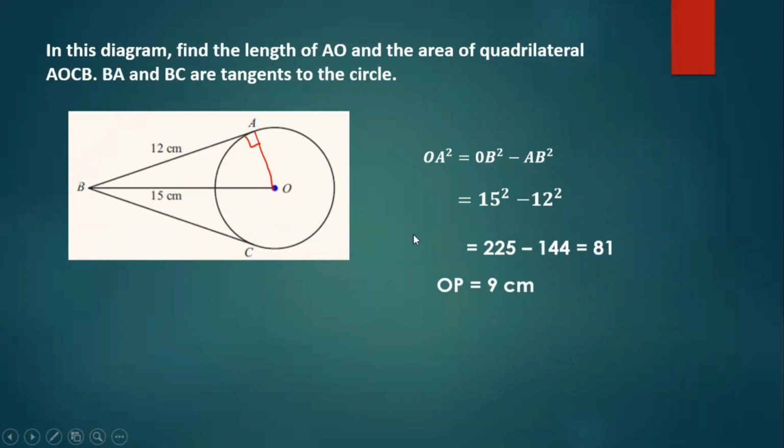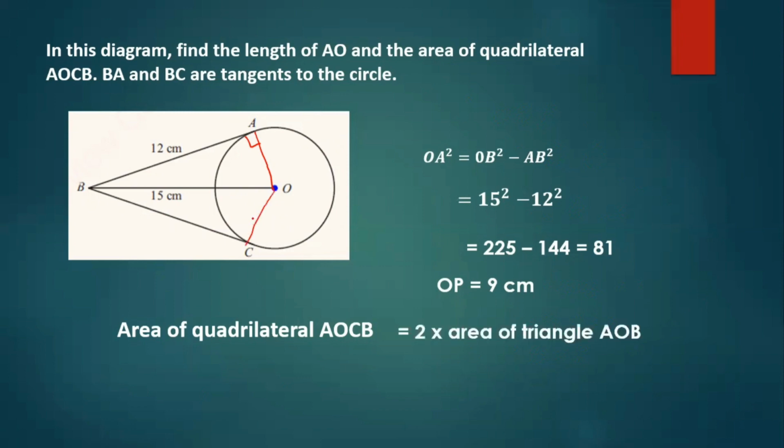Got it, children? Now, to find the area of quadrilateral AOCB, we have just proved that these two triangles are congruent. So to find the area of this quadrilateral AOCB, I can simply multiply by 2 the area of triangle AOB. So 2 into the area of triangle AOB.